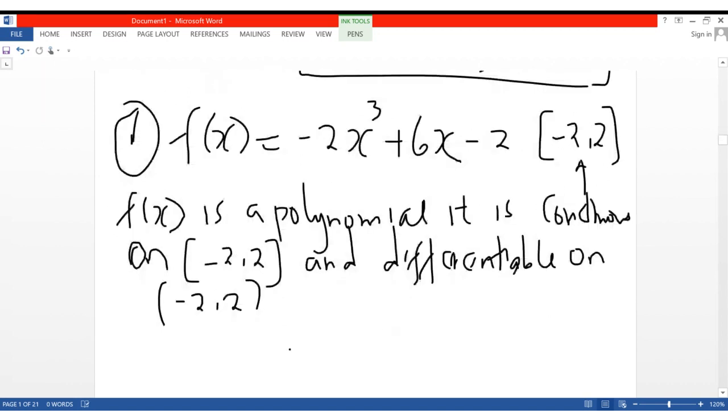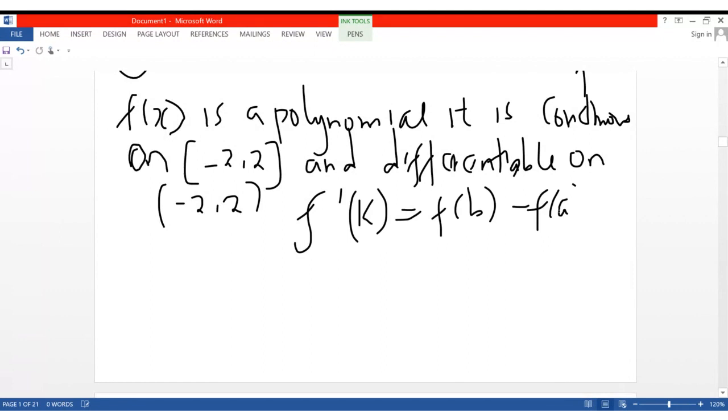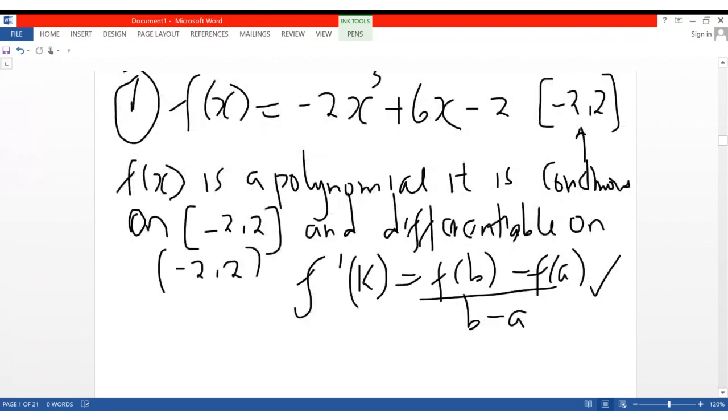So I'll go back now to the formula. There exists a number f prime of k such that f of b minus f of a. This is the formula that we want to use. So I'll go back to the interval we have been given on the function, -2, 2.